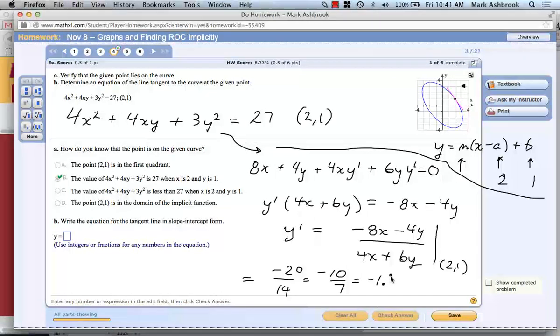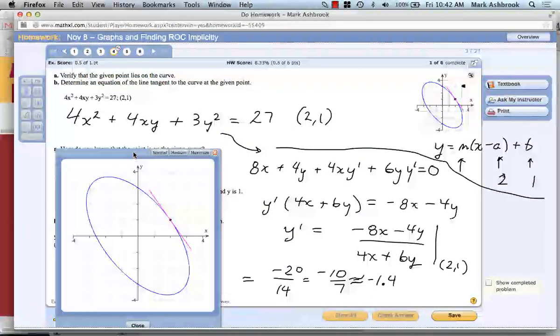Negative 1.4. About. Okay, and so does it match the picture? So looking at what's happening here, can I make that bigger? No, can't make that bigger. Okay, so does a rate of change of negative 1.4 make sense looking at that picture? Oh, this thing right here. Thank you.